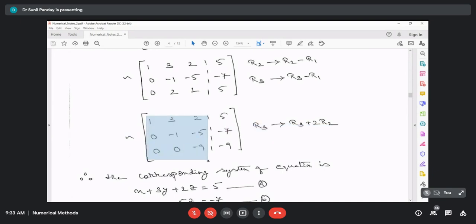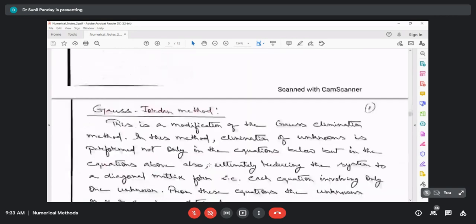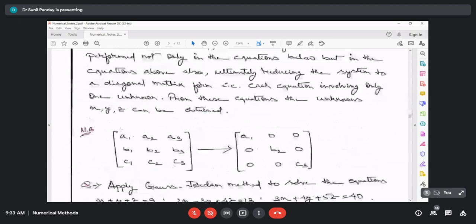But if we transform by using elementary row operations into its corresponding normal form, which is a diagonal matrix, then this method is known as the Gauss-Jordan method, like this one.